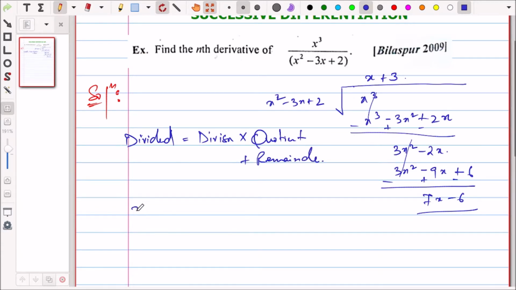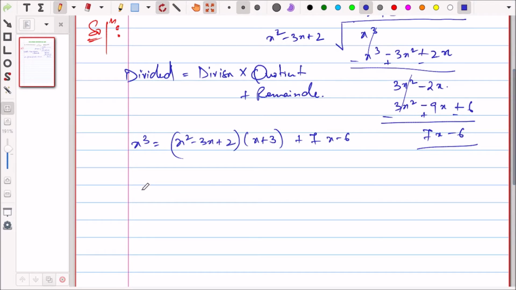So x cube is equal to x square minus 3x plus 2 times x plus 3, plus 7x minus 6, right? Now divide by this. Once you divide, you get x cube by x square minus 3x plus 2 equal to x plus 3 plus 7x minus 6 upon x square minus 3x plus 2, right?